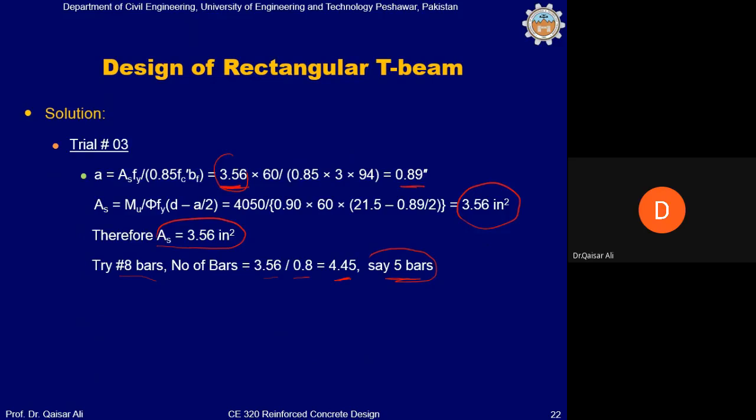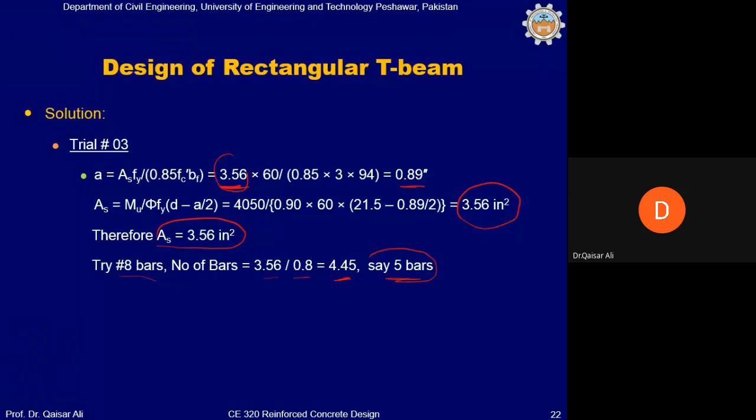If this calculated a comes out to be less than the assumed small a, which is equal to hf, then the beam will be designed as a rectangular beam, although the shape of the beam is T. Which means, I am saying again and again, that there will be no difference. You have to do nothing except continue the trials.